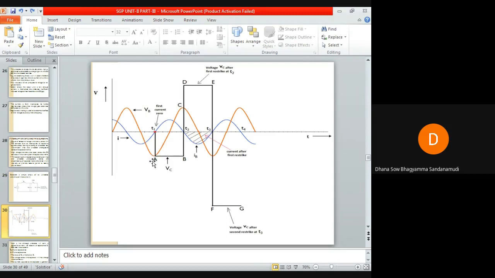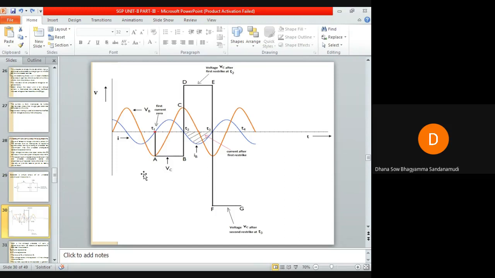Okay, so after instant t1, the breaker gap is subjected to the difference of the voltage VB and VC. The difference of VB and VC will be left over after t1 across the circuit breaker contacts.